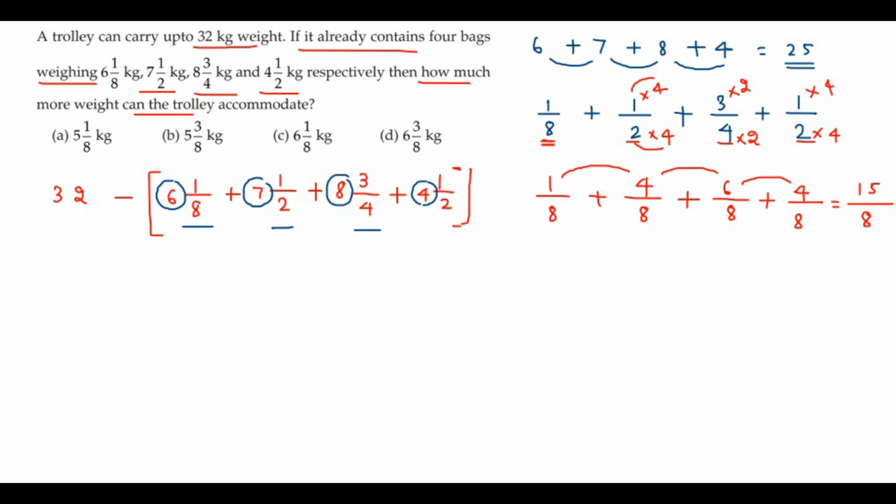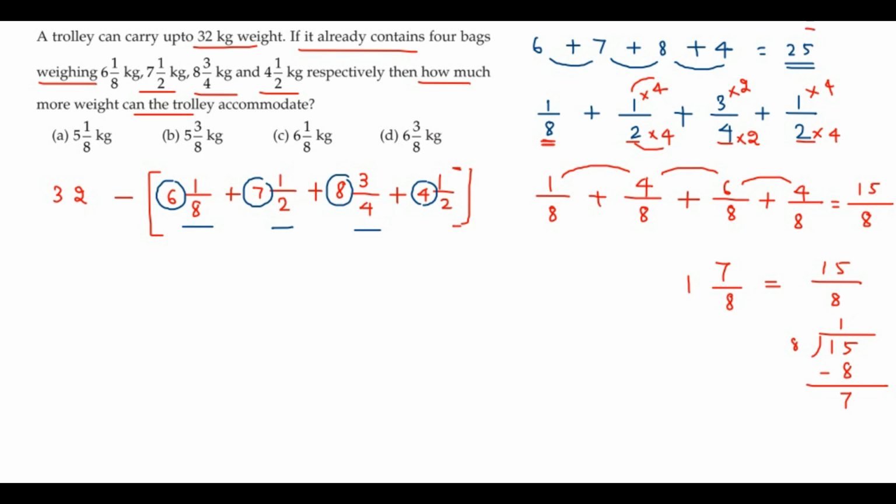Now friends, one small part which is important here is that 15 upon 8 itself is an improper fraction which will actually become, dividing 15 by 8, it will also become a mixed fraction as 8 ones are 8. This is 7. So 15 upon 8 itself is 1 whole 7 upon 8. So adding all the fractions, I get 1 whole 7 upon 8.